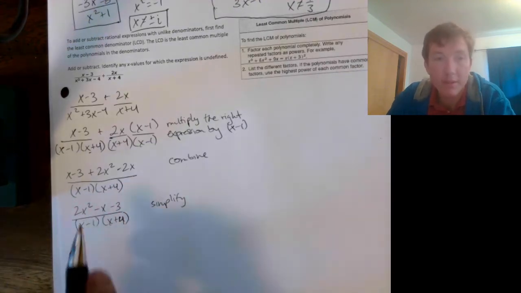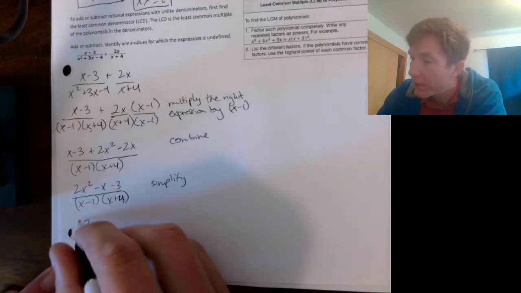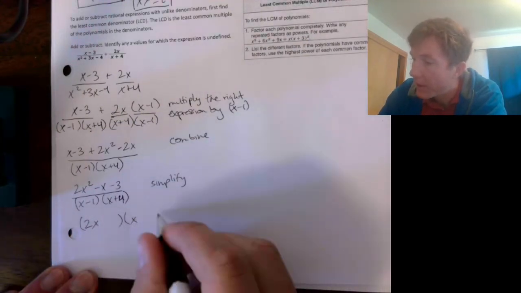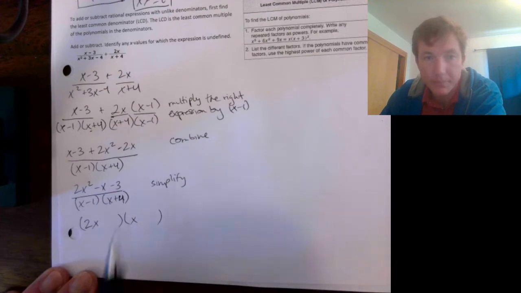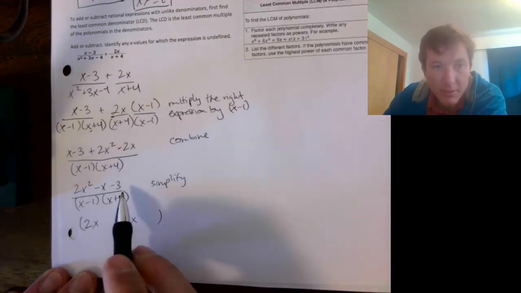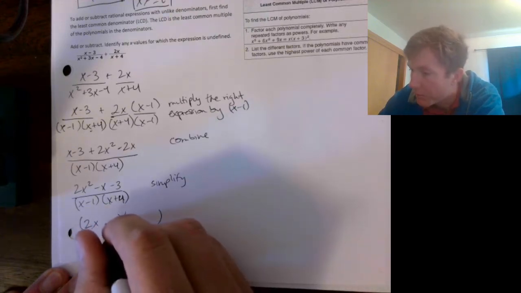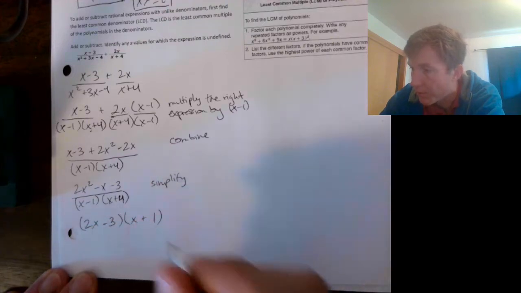Now I'm going to factor this top bit. So I have 2x and x. This should give me the 2x squared. These numbers need to multiply to get me negative 3. So let's do negative 3 and positive 1.